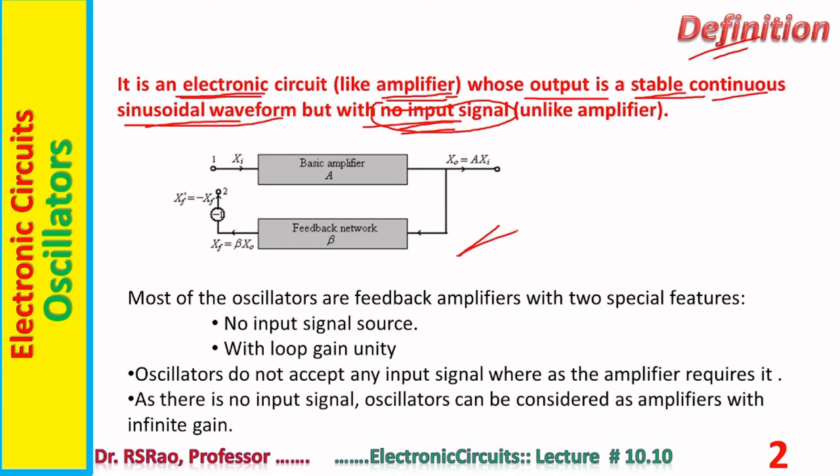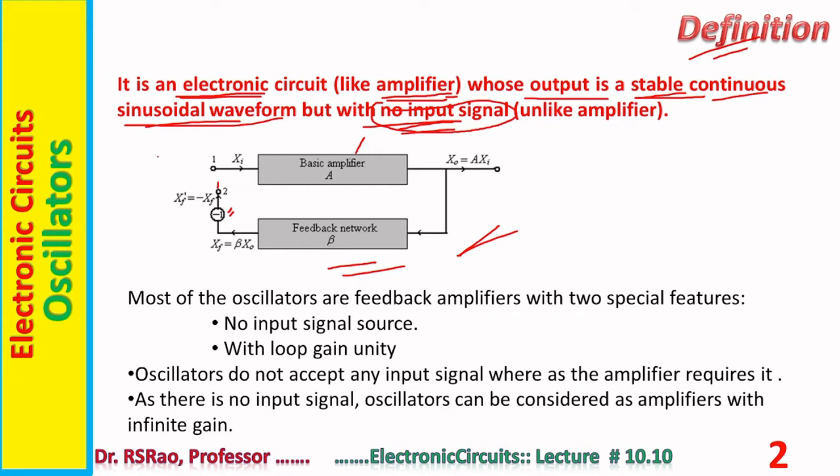Here is shown the structure of an oscillator. A basic amplifier is there, feedback is there, output is sampled, passed through the feedback network, and then the output of the feedback network is multiplied by -1 so that the feedback is negative feedback, and then it is given as input to the basic amplifier.